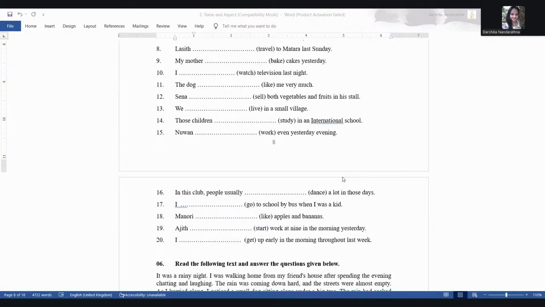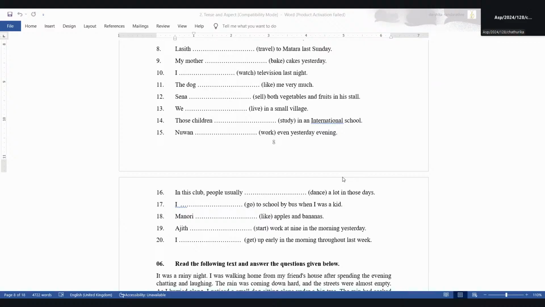Those children studied in an international school. Nuan worked even yesterday evening. In this club, people usually danced a lot in those days.